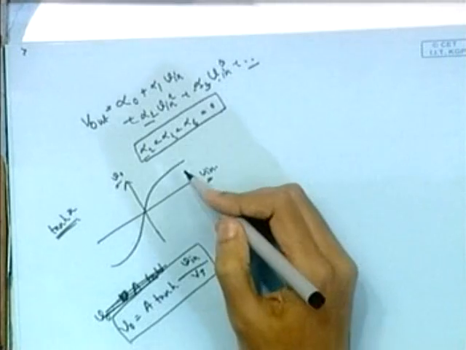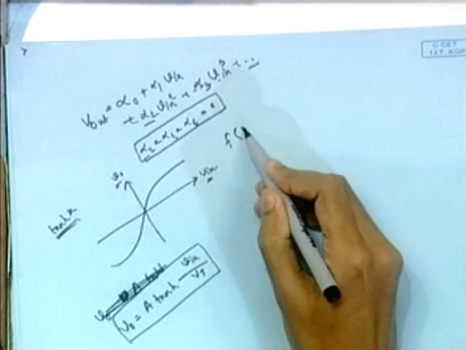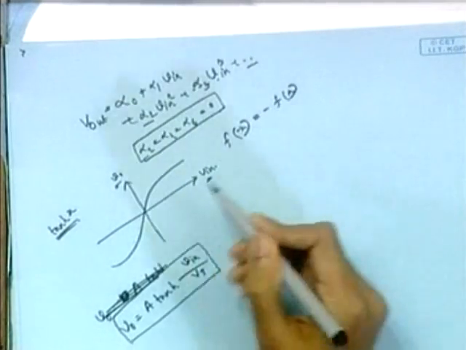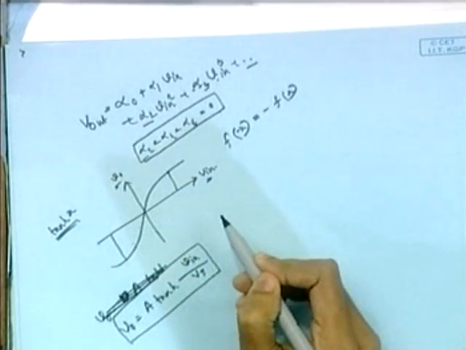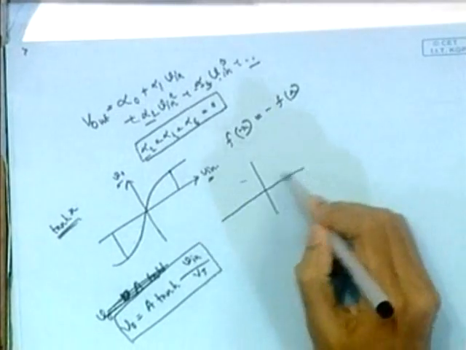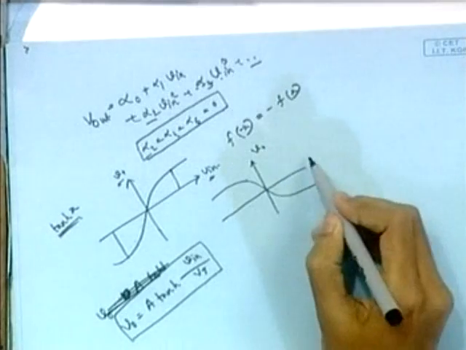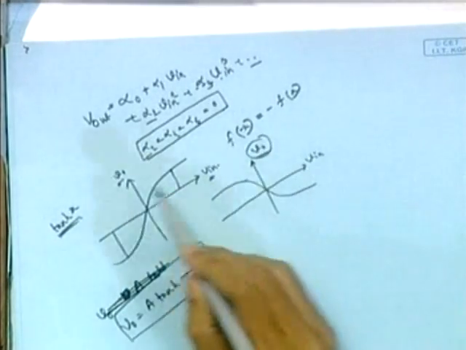For a differential amplifier, an odd function also means that f of minus x is equal to minus f of x. Like this. It can be the other way around also; this is also an odd function. You can have this for V in or V out. Actually, that depends on how we are taking the output.